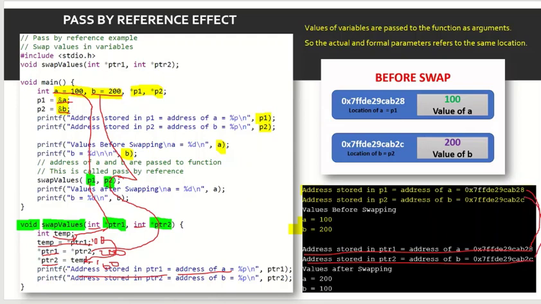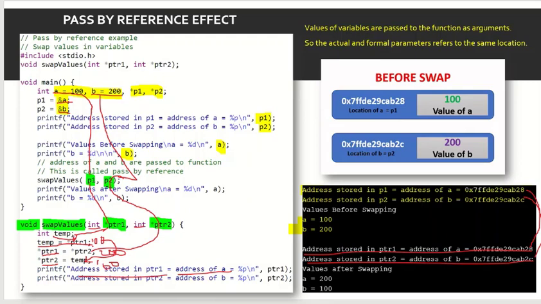So here nothing is returned back because p1 represents ptr1 itself, p2 represents ptr2 itself. Actually the locations are passed to the functions. So any change made inside the function will definitely reflect in the main function also.